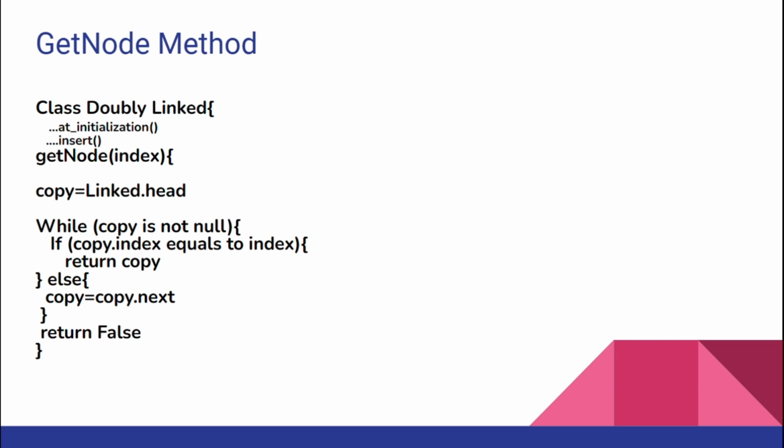It uses copy.next. It keeps on going to the next node, to the next node, to the next node till it gets to the bottom. And if it finds any node with the index the user is searching for, it breaks the loop and returns that node. But if it doesn't and it gets to the bottom, which is null, it returns false. So it's as simple as that.